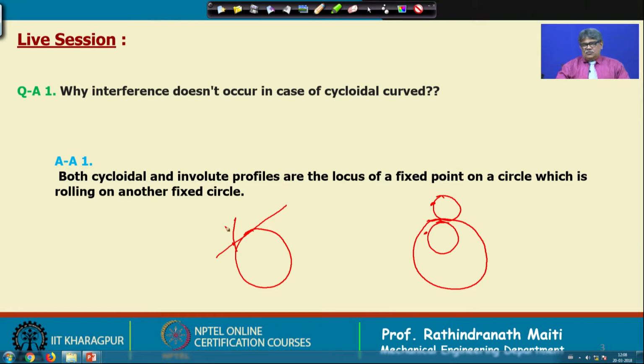If we try to do that, there will be undercut, which is called interference. So, that is why there will be interference. In the case of cycloidal, this will not happen. The profile will be something like this on the describing circle, so there will be no interference.